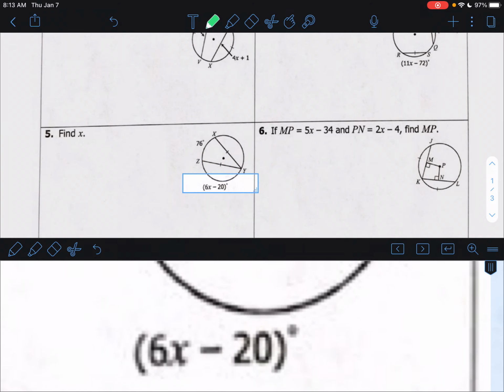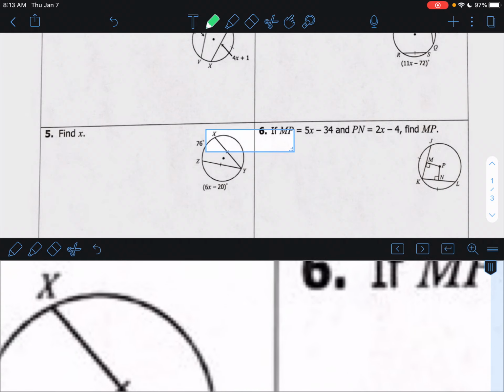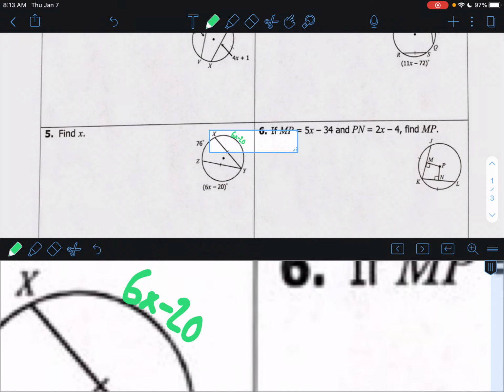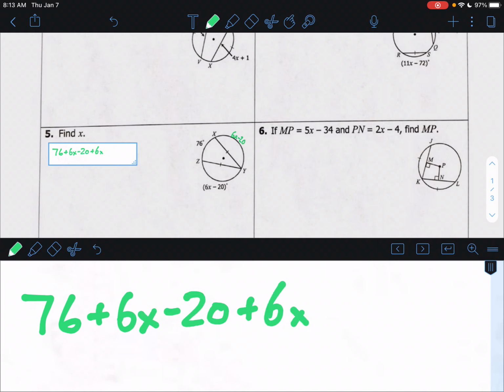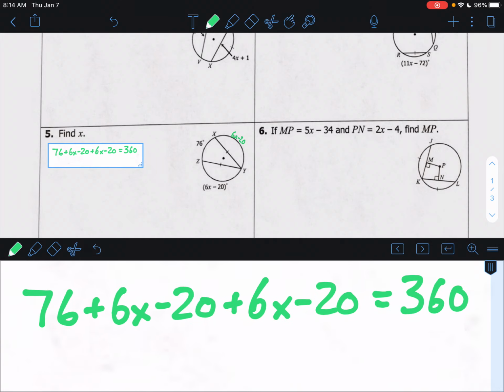So, since this is 6x minus 20, I can just say XY is also 6x minus 20. So I have 6x minus 20, 6x minus 20, and 76. And remember, on a circle, it has to add up to 360 degrees. So I'm going to do 76 plus 6x minus 20 plus 6x minus 20 equals 360. And this is the equation you would use to solve for x.